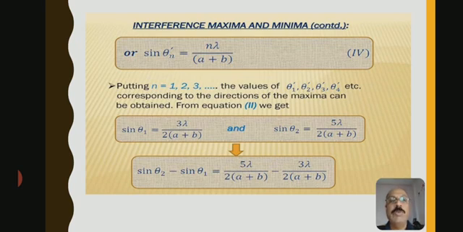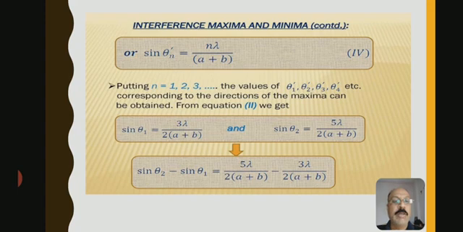Putting n is equal to 1, 2, 3, the values of theta 1 dash, theta 2 dash, theta 3 dash, etc., corresponding to the directions of the maxima can be obtained from equation 2. We get sin theta 1 is equal to 3 lambda divided by 2(a plus b), and sin theta 2 is equal to 5 lambda divided by 2(a plus b).